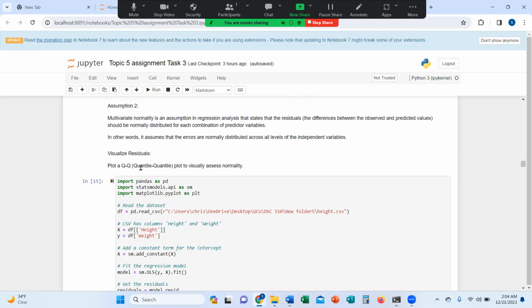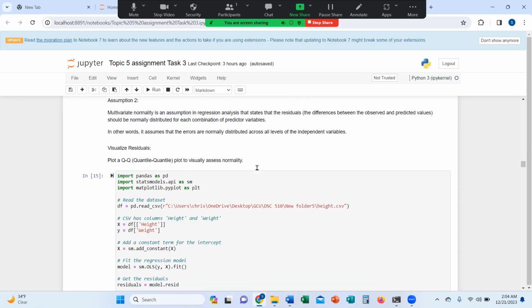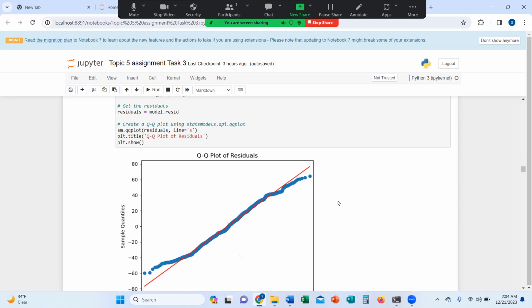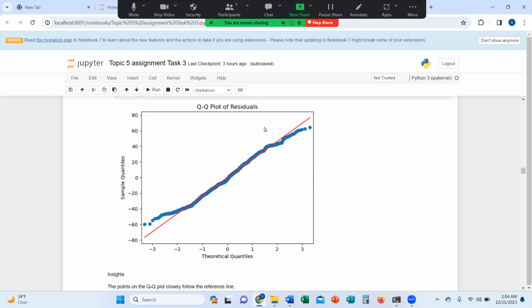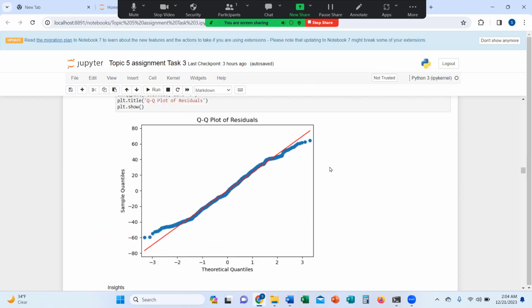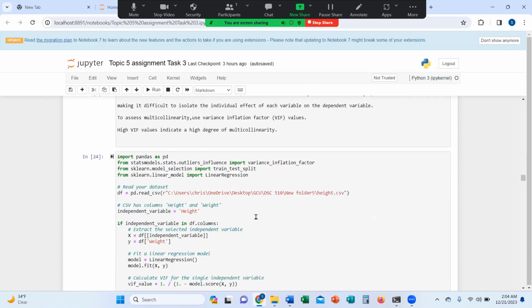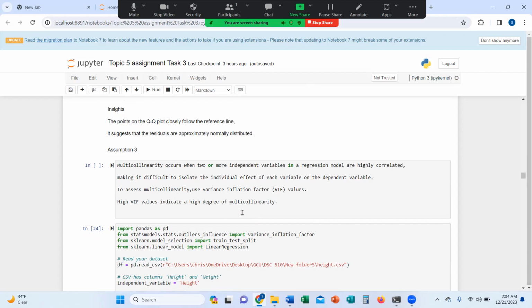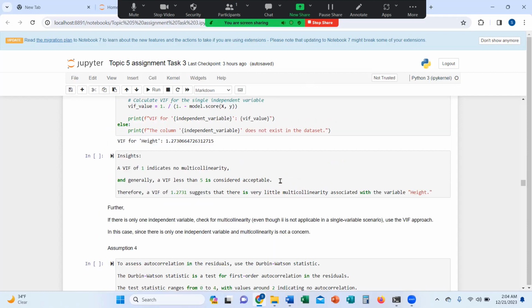For assumption 2, I used the QQ plot, and this is the plot here, and it shows that it follows closely to the reference line. For assumption 3, which is multicollinearity, these are the codes that I have here, and the VIF value for height was 1.27, where 1 indicates no multicollinearity.